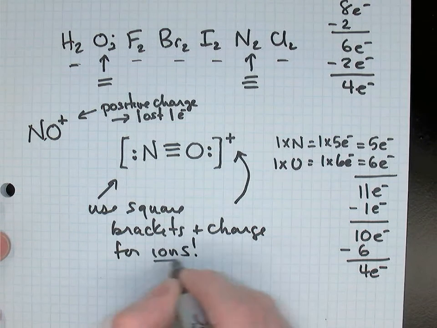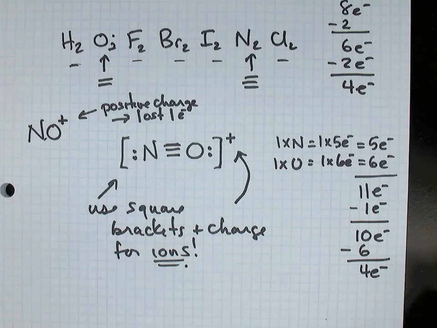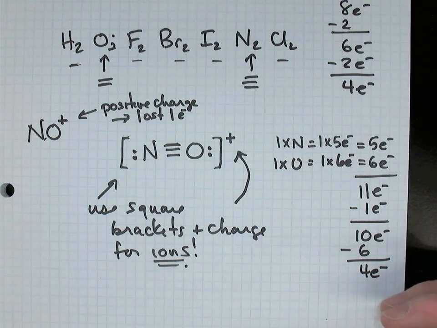Now, we subtracted an electron because this was a positive cation. If it were a negative anion, we would add electrons. So if this were 2 minus as a charge, we would add 2 electrons. If it were 3 positive, we would take away 3 electrons. So cations, you lose electrons; anions, you gain them.